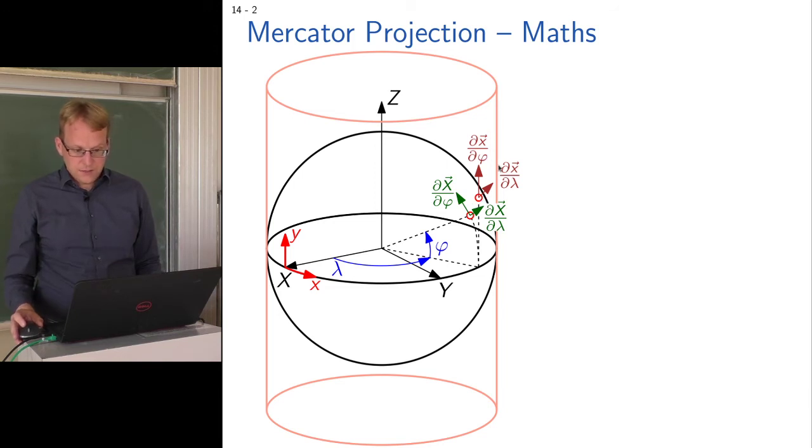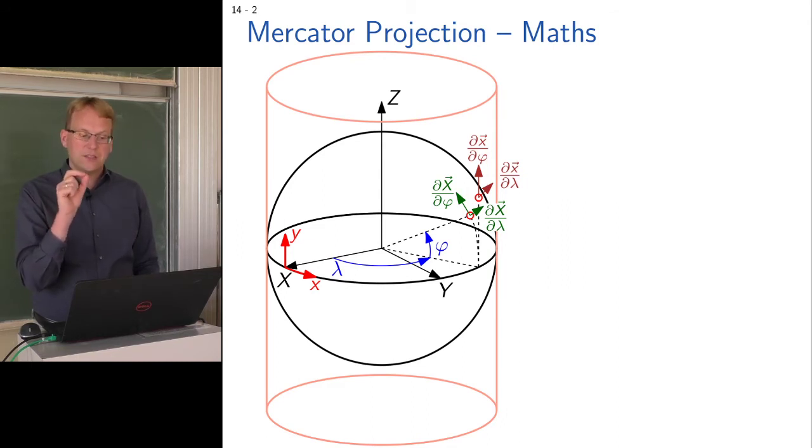And here, if we look at this partial derivative, dx by d lambda, then what we actually ask when we compute this is, how does the position change if we change the longitude of that point by some small amount?